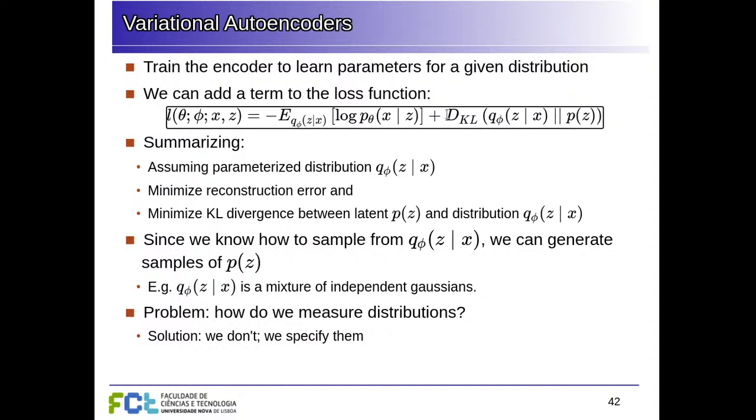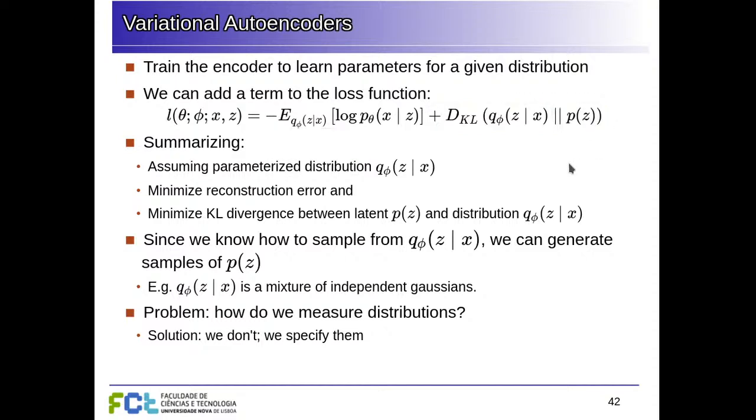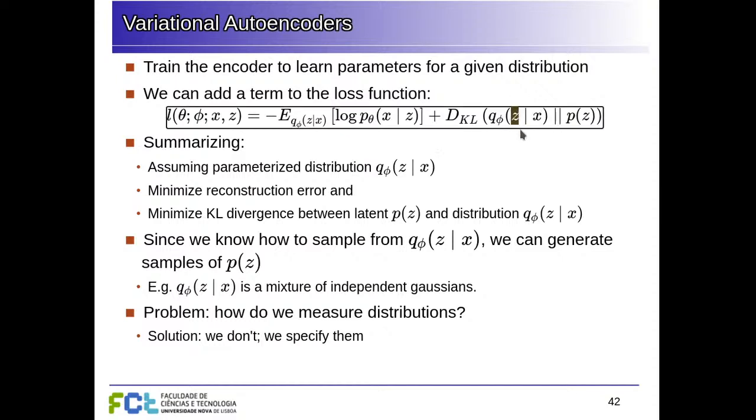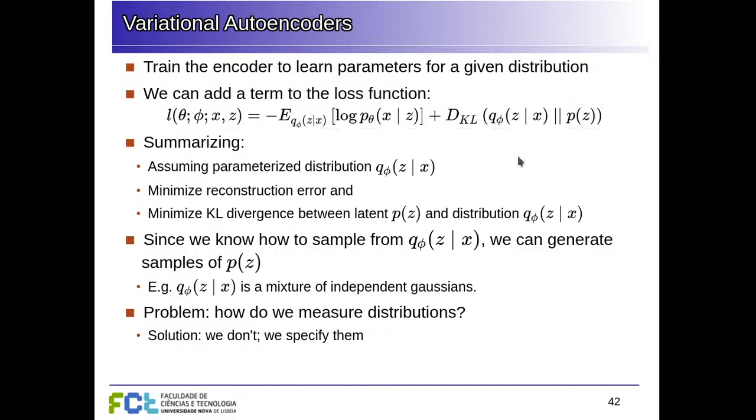But we're also adding as a penalty the Kullback-Leibler divergence between the hidden representation we are getting as a function of Z, and some probability distribution that we want Z to have. So we are forcing the variational autoencoder to keep the hidden representations close to that distribution, for example, a sum of Gaussian curves, things like that.